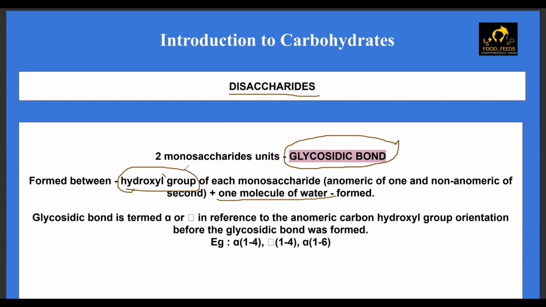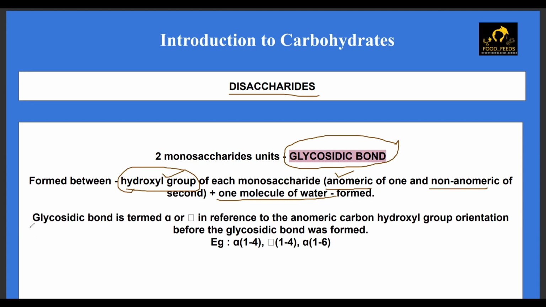The OH group of one monosaccharide unit is from the anomeric carbon end, and the other will be from the non-anomeric carbon end. What is an anomeric carbon? You have to watch part 1, where a detailed explanation is given.